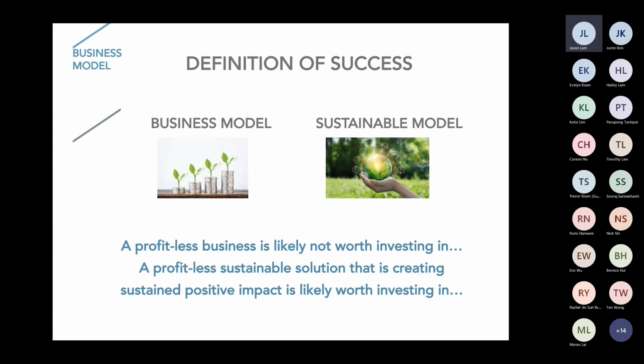It's not always about profits, but about how to create a sustainable solution, because it's not always from a commercial perspective. At the same time, the business model or the sustainable model will drive the behavior of the solution that you're trying to create.